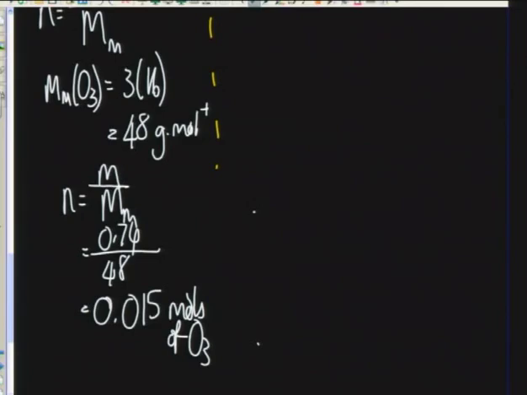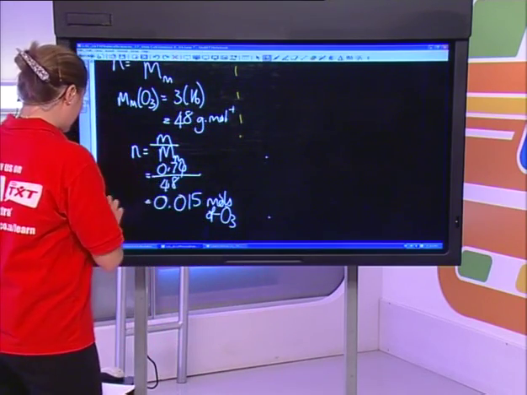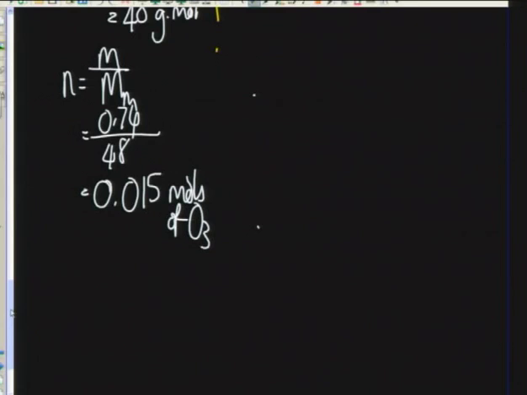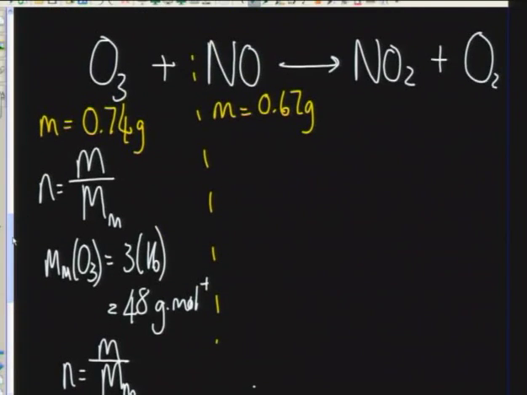Now you might ask, why do I always write the substance? It's because I'm going to be comparing the ozone and the nitrogen monoxide. I've done the first part, calculating the number of moles, but only for ozone. Let's go back and do the same for nitrogen monoxide.